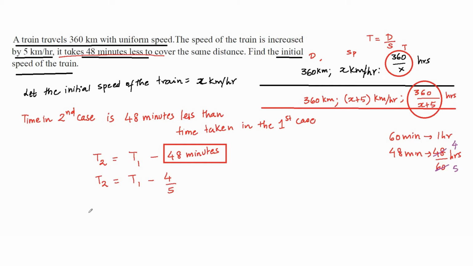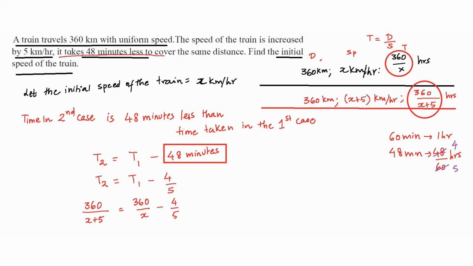Now, what is the time taken in the second case? It is 360 divided by x plus 5. This is equal to time taken in the first case, 360 upon x, minus 4 by 5. Now I can find the LCM over here. So in the RHS I can find the LCM.